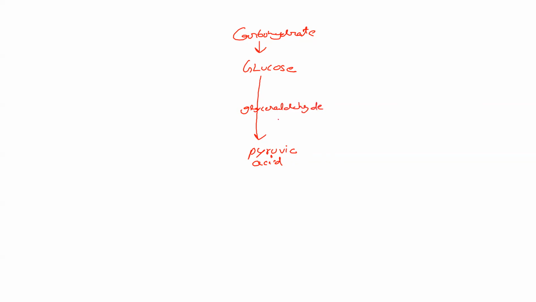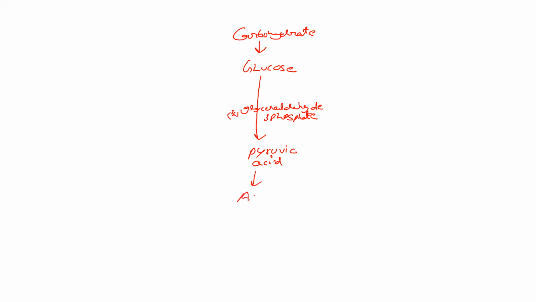Let's draw a simple diagram. Here is carbohydrate. It converts into glucose, and glucose breaks down to form pyruvic acid. Also it forms glyceraldehyde 3-phosphate.